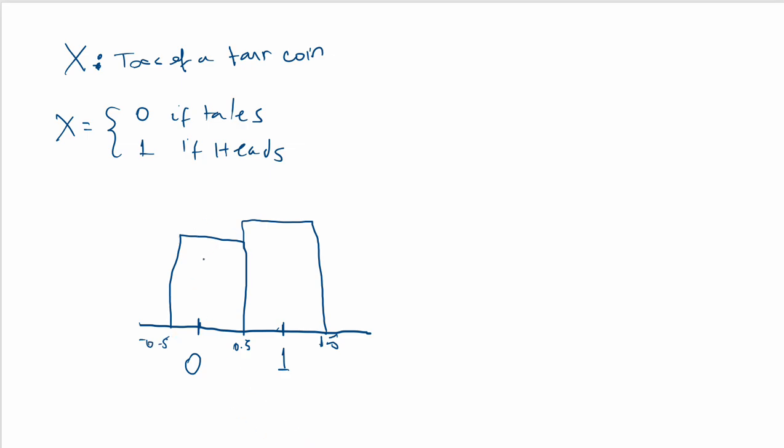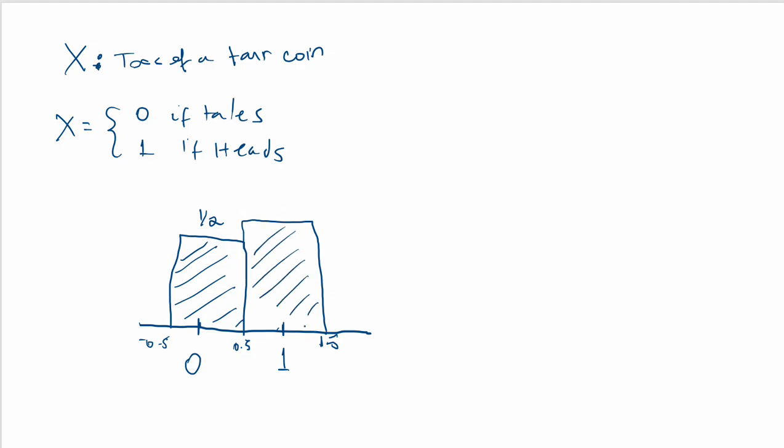Right, now what is the area of this? If it's a fair coin, what's the probability of having 0, of having tails? A half, right? Sometimes you will see just the bar with the value of the height on top of it, like a half, okay? What's the probability of the other one?